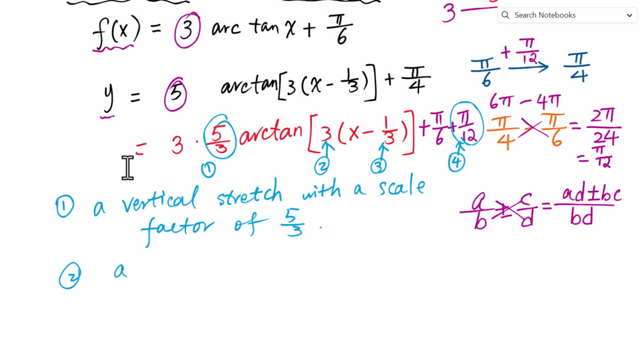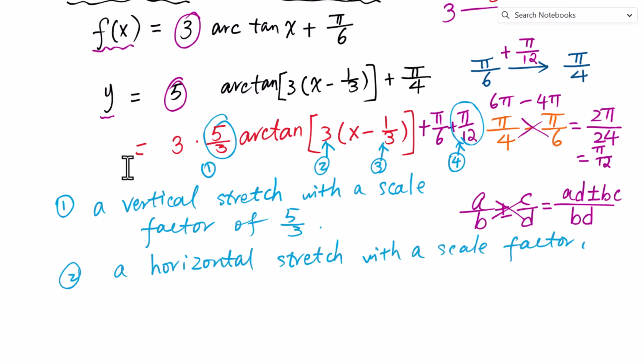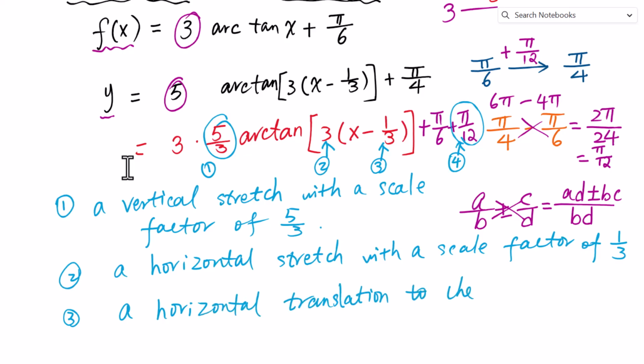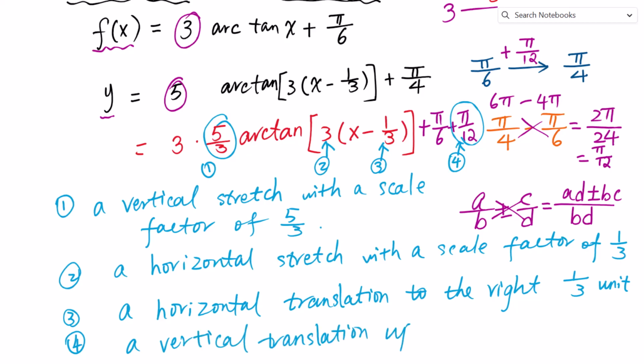Second step, a horizontal stretch with a scale factor of 1 over 3. Remember, inside is a liar. Third, a horizontal translation to the right, 1 over 3 unit, because the inside is a liar. Fourth step, a vertical translation up, pi over 12 unit.